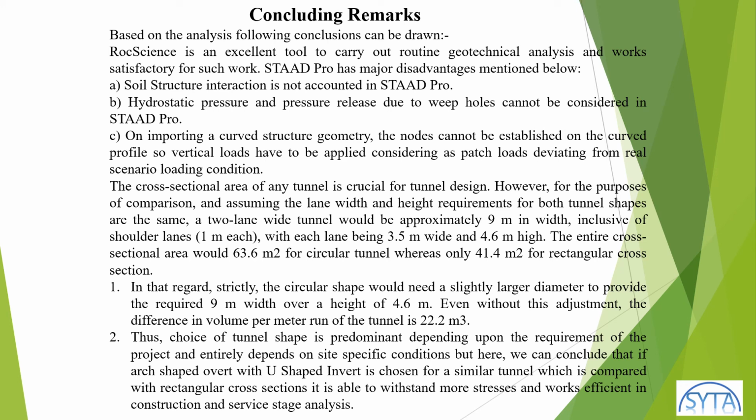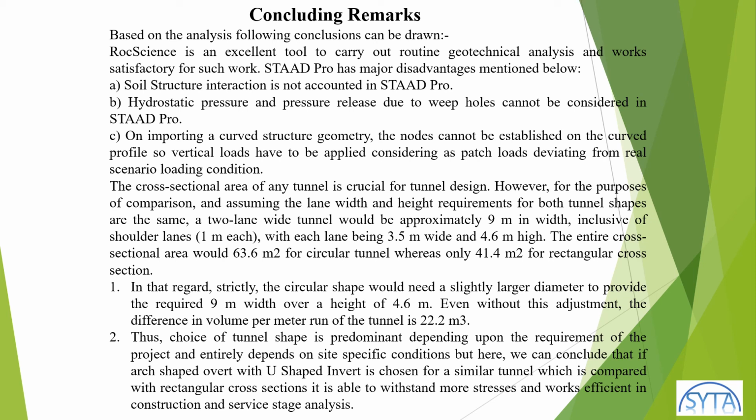Now, if I talk about the configuration of the cross-sectional area, I'm just giving you an example. The cross-sectional area of any tunnel is very crucial for tunnel design. For the purpose of comparison, I have taken a two-lane tunnel of approximately 9-meter width, inclusive of shoulder lanes of 1 meter each, with each lane being 3.5 meters wide and 4.6 meters high.